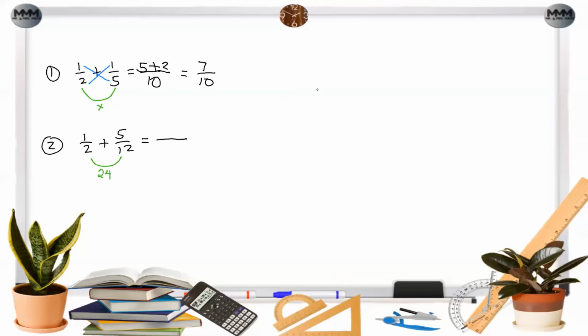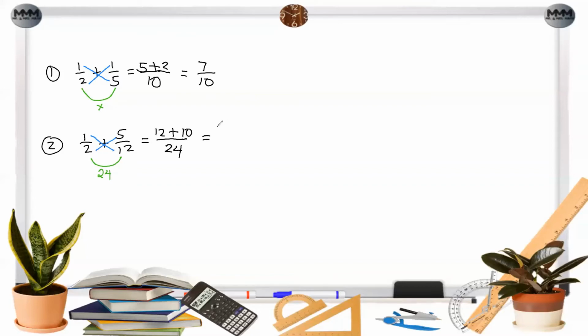So that will be our denominator here, 24. And then the same process po, we multiply 1 by 12 plus 5 times 2. So 1 times 12 is 12 plus 5 times 2 is 10.